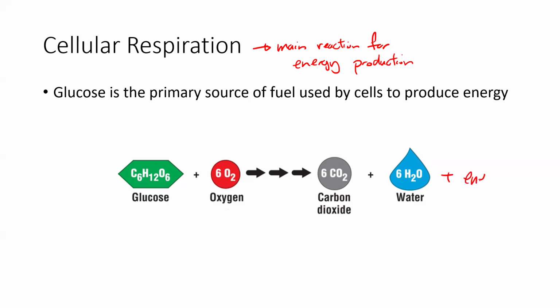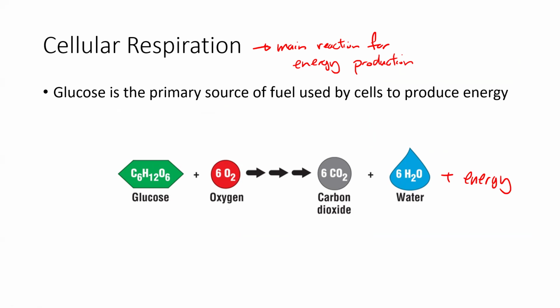Plus energy. And we can use the energy for all sorts of stuff. As you will learn later on in chemistry class, this is actually a combustion reaction. We can substitute the fuel with different things. So instead of using glucose, you can change it to say octane. And that's basically what's happening in your car. Unless you drive an EV, then that's different.